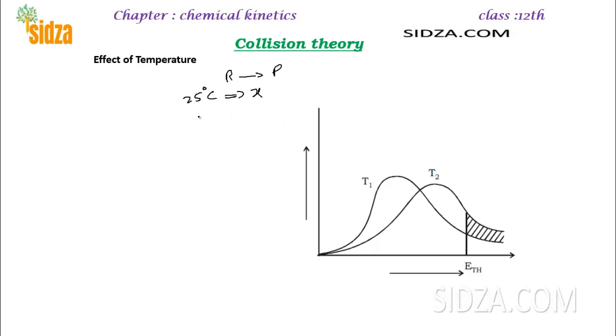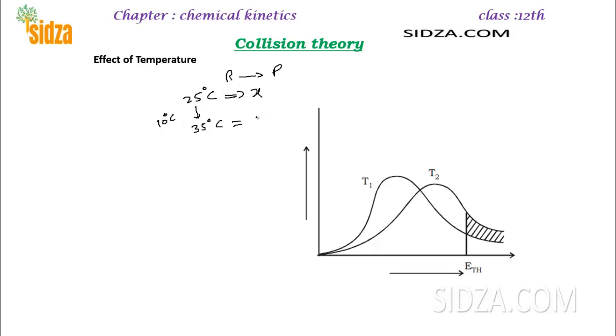Now if I increase the temperature and carry out the same reaction at 35 degrees Celsius, so the increase in temperature here is 10 degrees Celsius.